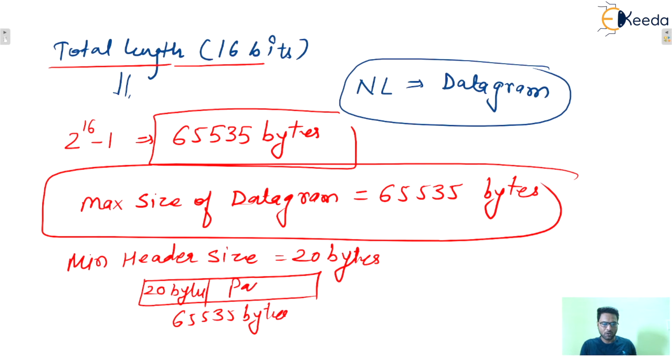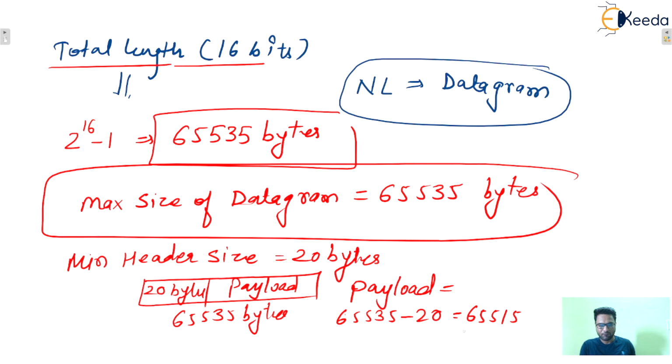So the maximum payload size will be 65,535 minus 20, that is 65515 bytes.